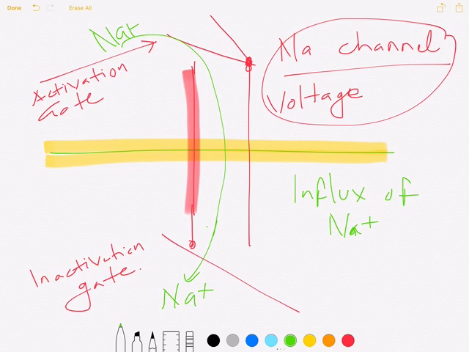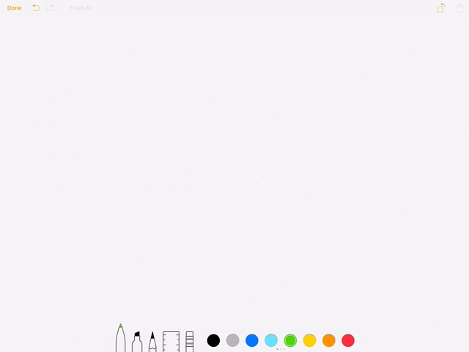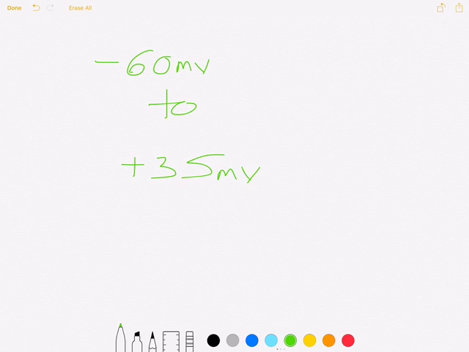Okay, so all this sodium goes in the cell. And what happens to the cell when the positively charged ion goes in the cell? So it becomes positive. So the action potential changes from minus 60 millivolts to, I would say, about 35 millivolts, depending on the book you read, because of the net influx of the positive charge.